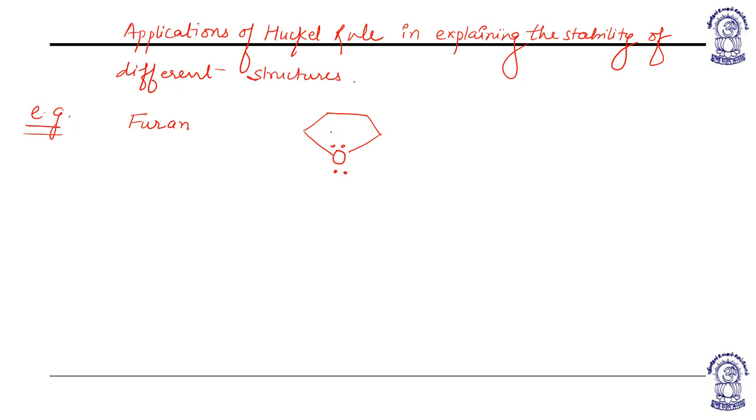If you want to make a picture of cyclic delocalization, you can see, because Huckel's rule is basically based on the linear combination of atomic orbitals.